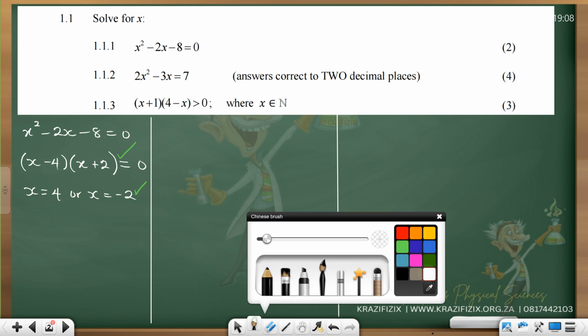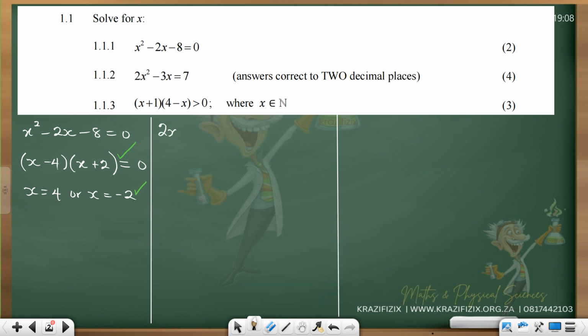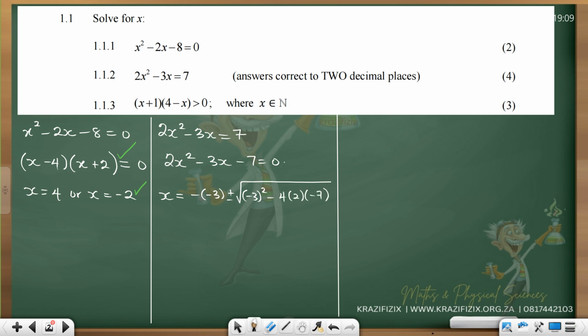Number 2, very straightforward. 2x squared. Yeah, this one is correct as 4 marks. So 2x squared minus 3x minus 7 equals 0. X equals minus b plus or minus the square root of b squared minus 4ac, over 2a. Please share answers with me.